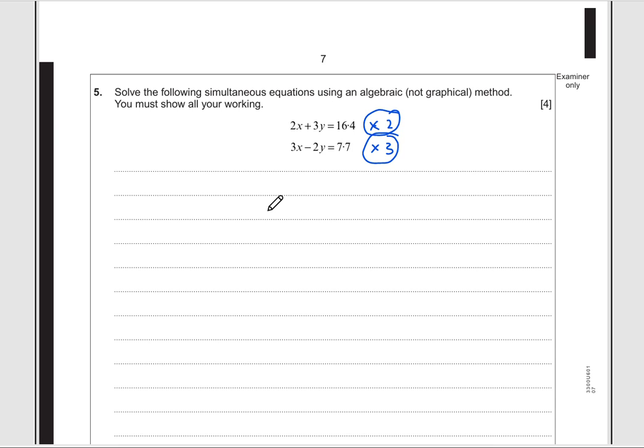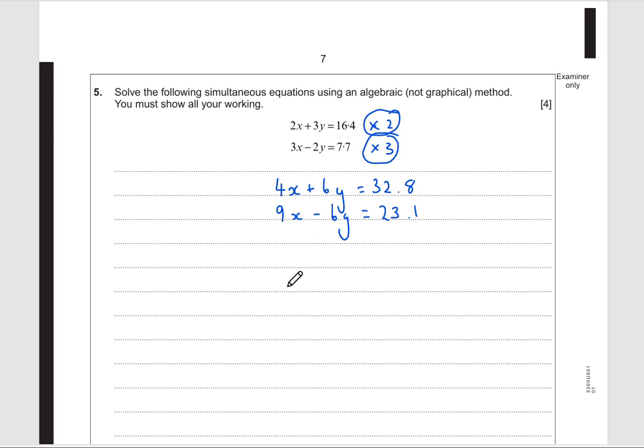Okay, so that should give me the equation 4x plus 6y is equal to 32.8. And the other one should give us 9x minus 6y is equal to 23.1.